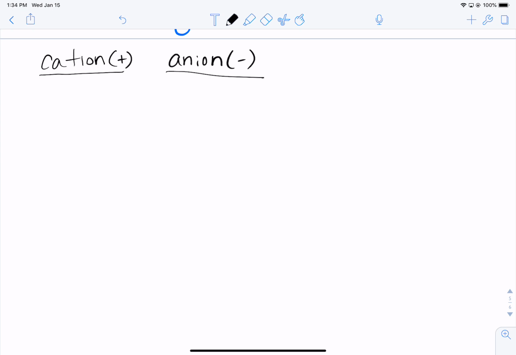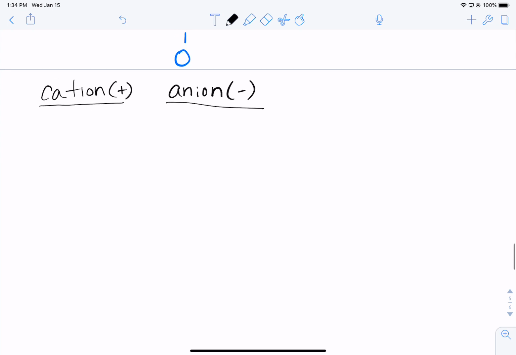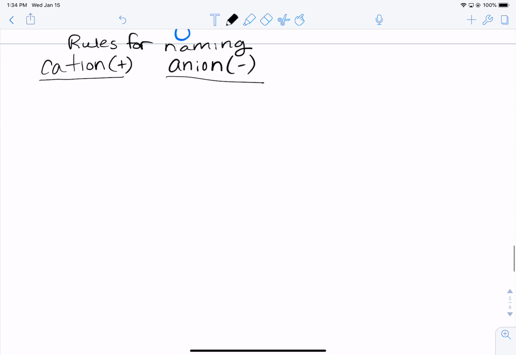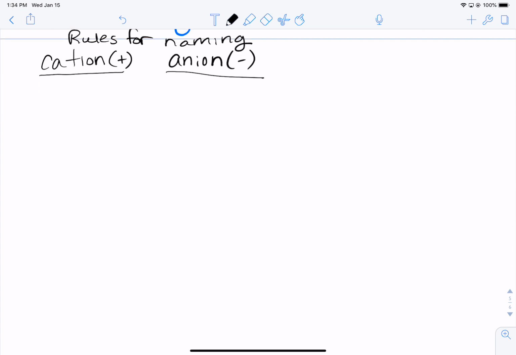All right, so let's talk about naming. So, rules for naming. So we got a cation and an anion. I want to remind you of the rule for naming. If it's just an element, you just do the element name.